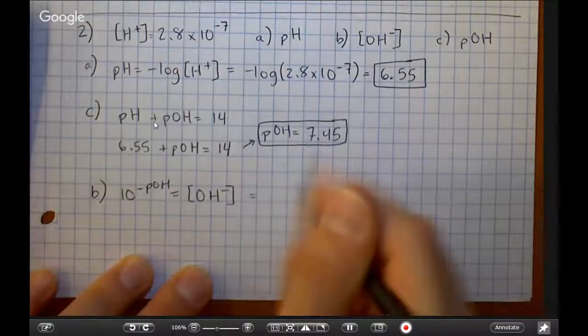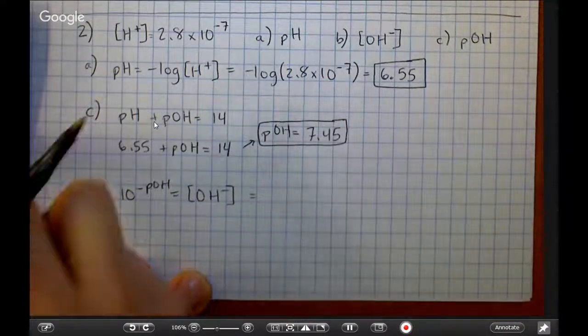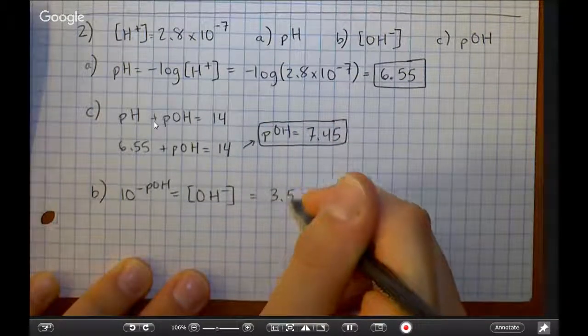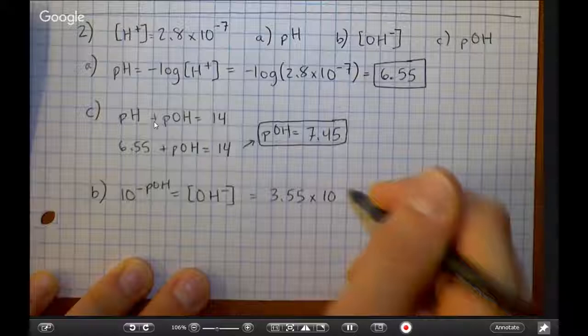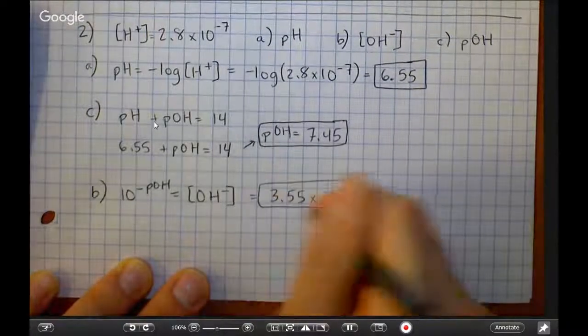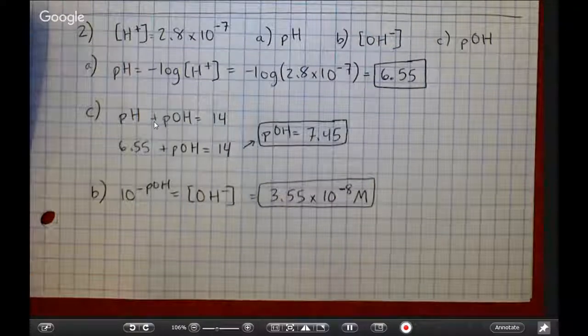And what we get, I'll put it in scientific notation, 3.55 times 10 to the negative 8 molar. So that's the OH concentration.